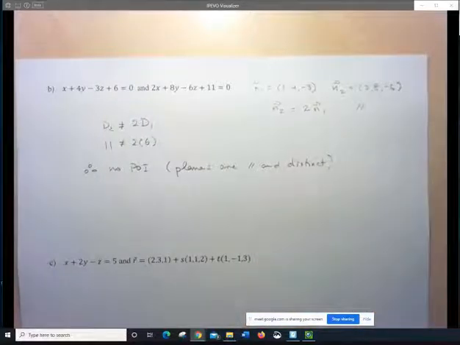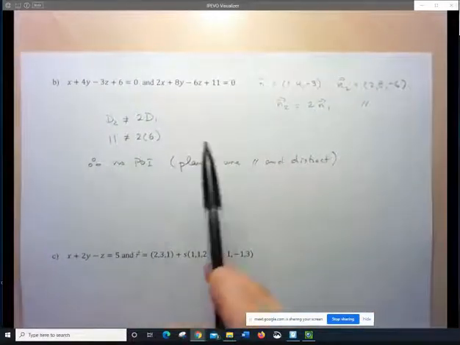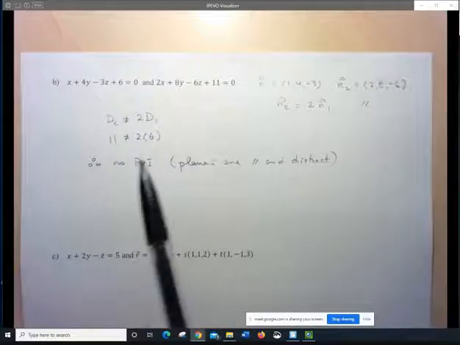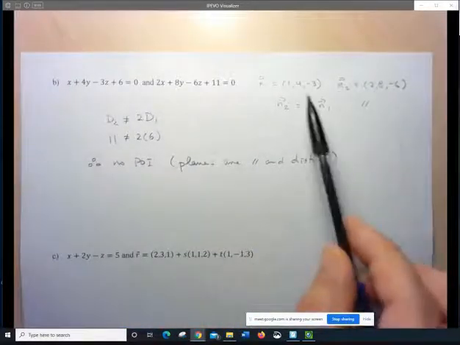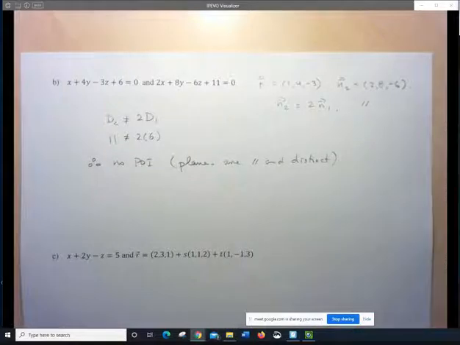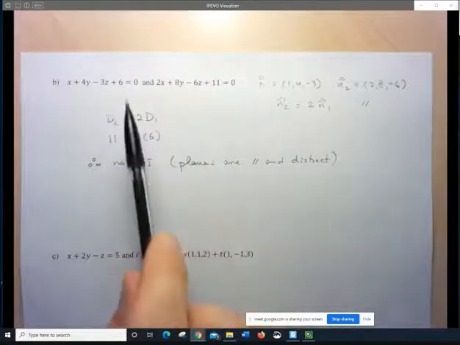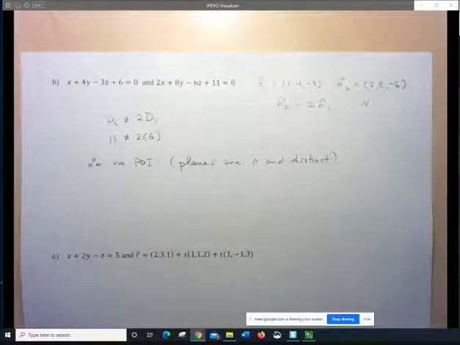Now, I'm not actually going to do this, but who can give me a sense of what this should look like if I forgot to do this? Because remember, the algebra should always give you the answer. What do you think would happen if I were to try to do elimination here? And think back to what we saw last time with a line and a plane. What should happen if I were to try to do elimination on this here?